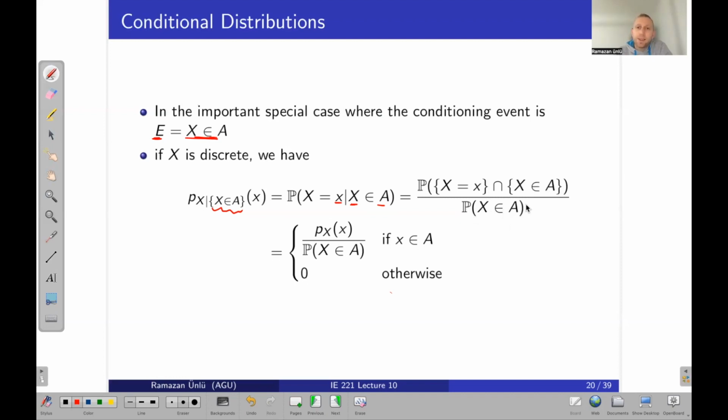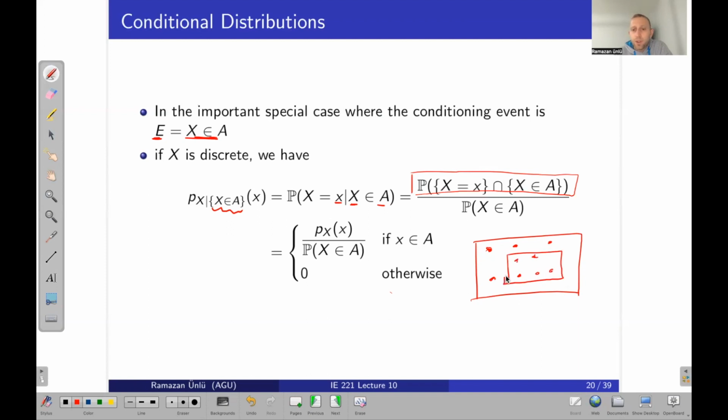I will make these things more concrete a little bit later. Also, we can rewrite this part. What is the intersection of these two events? Let's say we have some sample space and some points here, and let's say that the given information is this region.